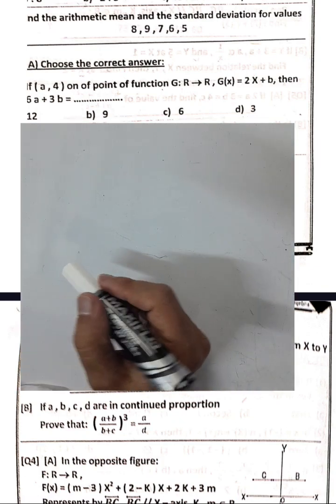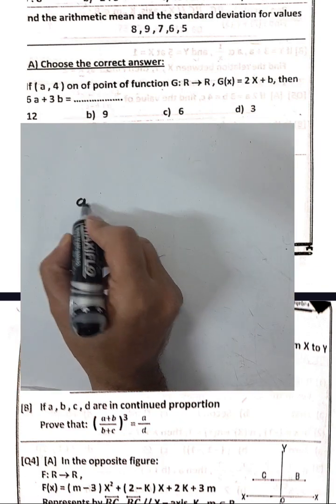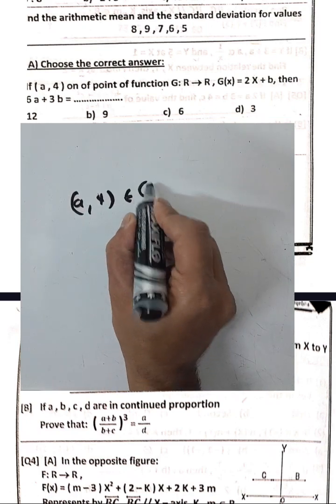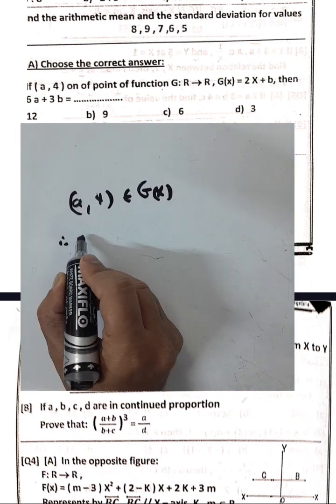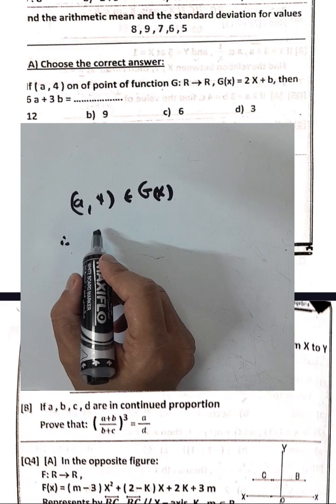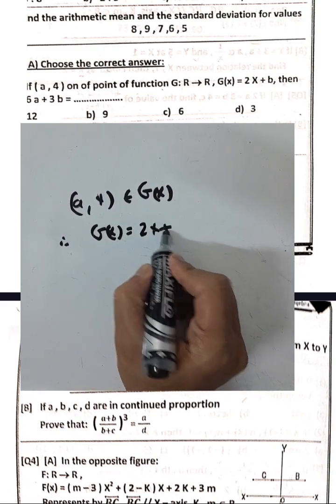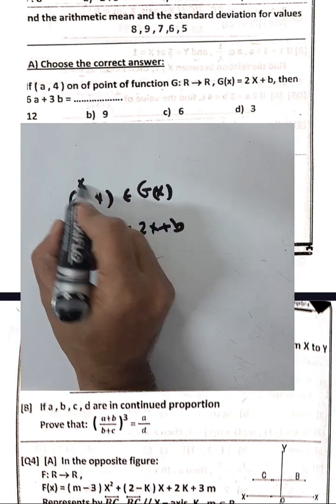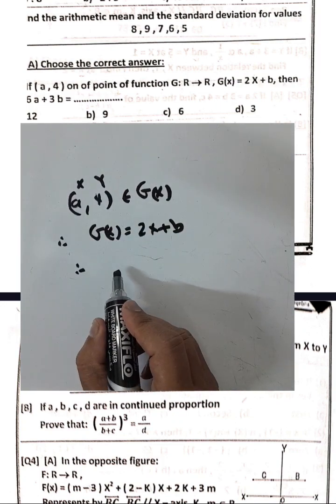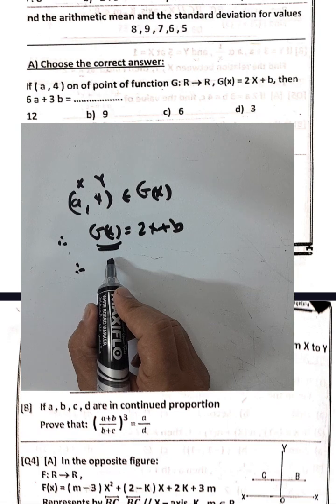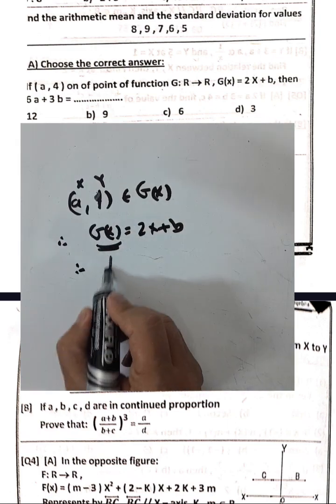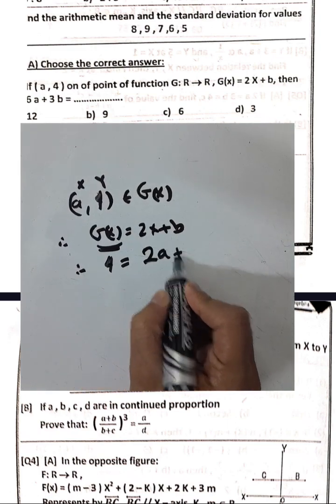I will solve it again so you understand. We have this example: (a, 4) belongs to the function g of x. Then this point satisfies this equation. We have g of x equal to 2x plus b. Then we have x and y: x equal a and the image y equal 4. So 4 equals 2a plus b.